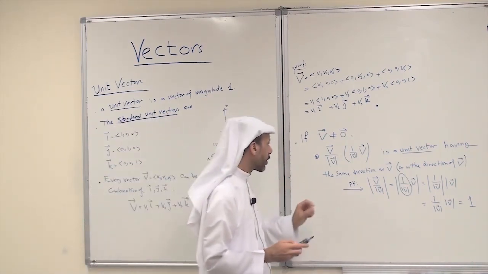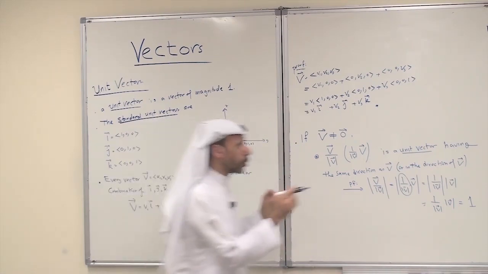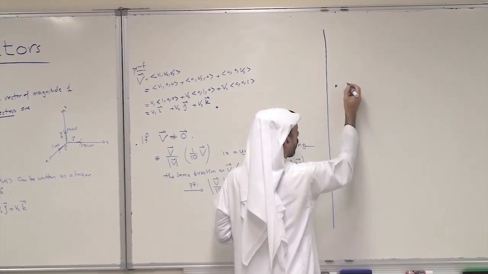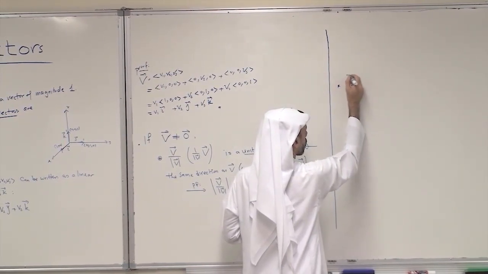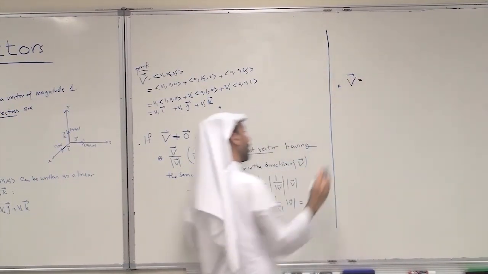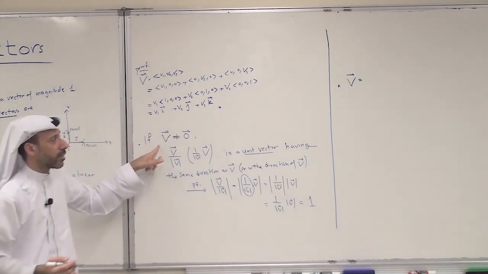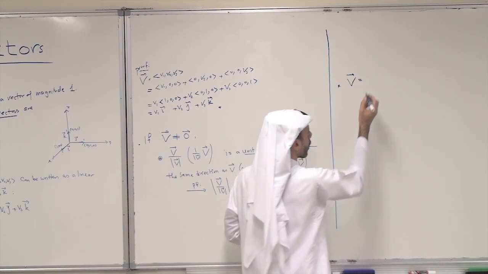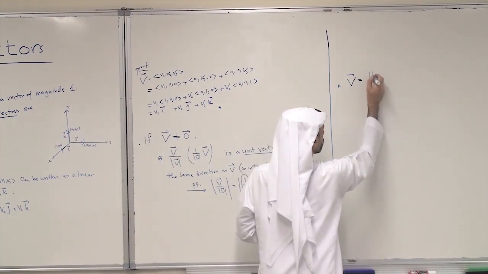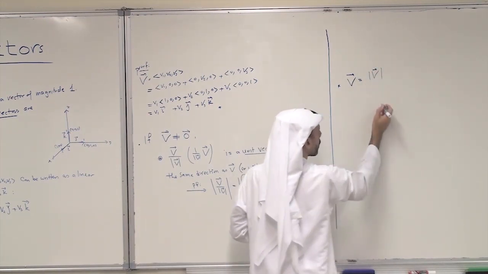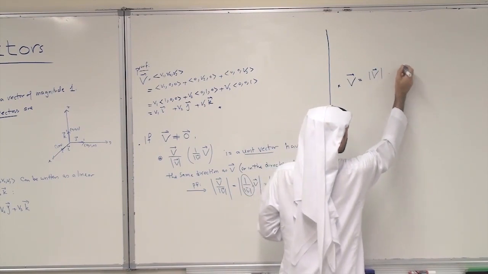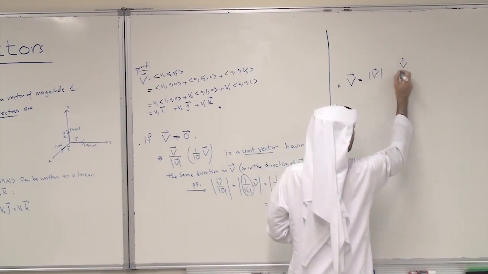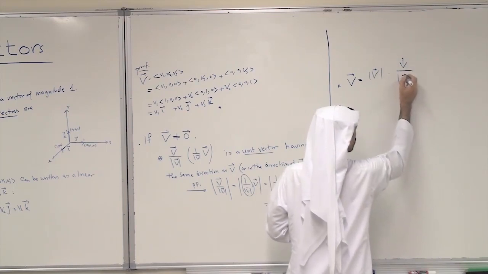Now, the last thing here about unit vectors is the following, which is really very important. Take now any vector v, again non-zero, so we are assuming v is non-zero. Then I notice that v equals its magnitude times the unit vector v over magnitude of v.